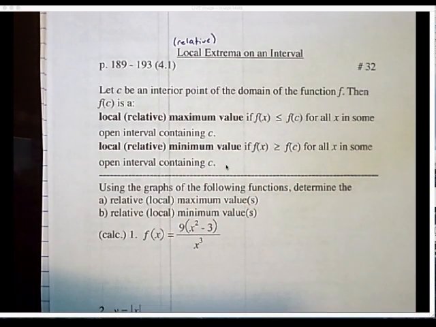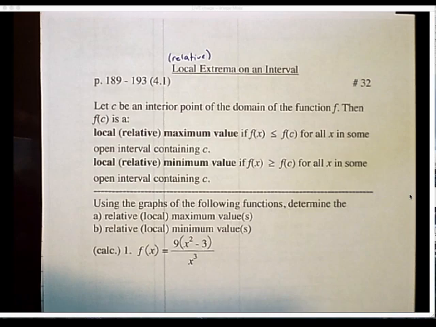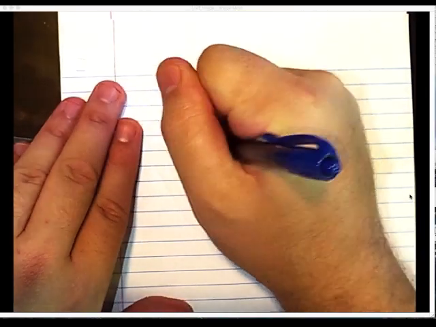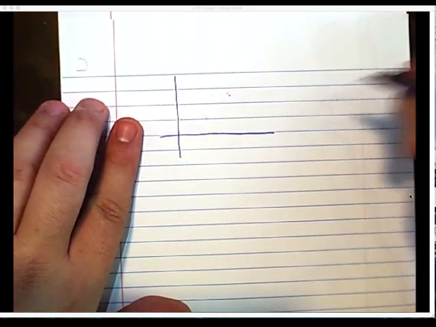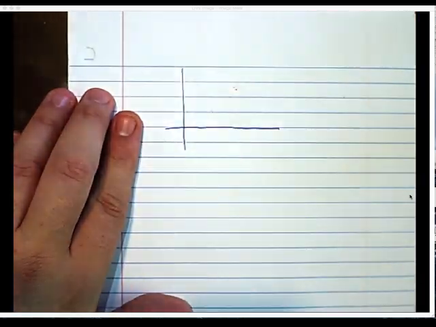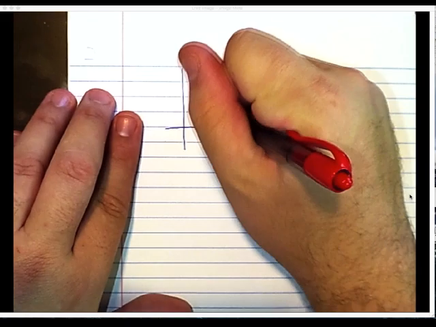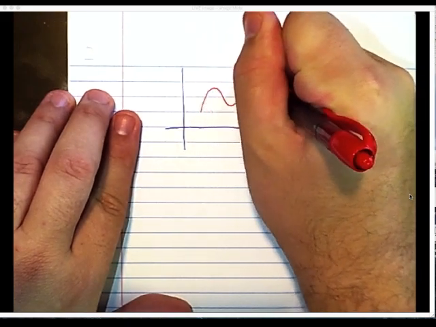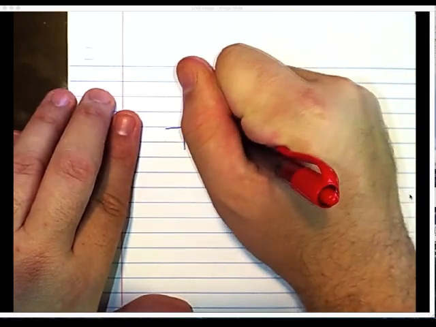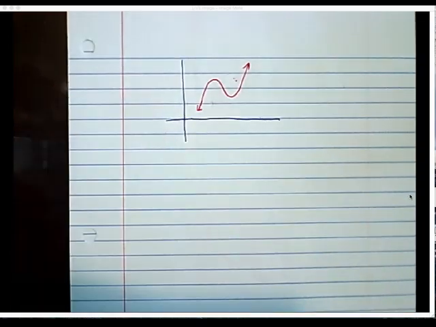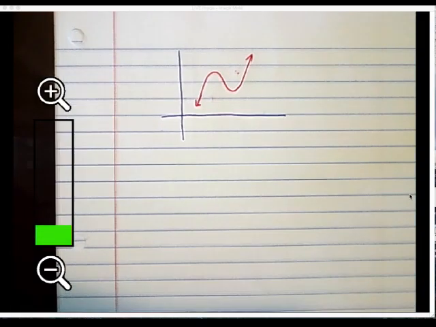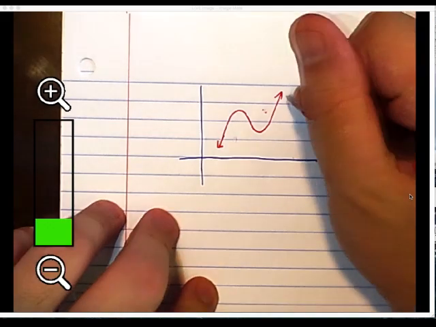So I know that's kind of complicated to read, so let me just draw a picture and help you out a little bit. If we have some function that looks like that, obviously this goes on forever.